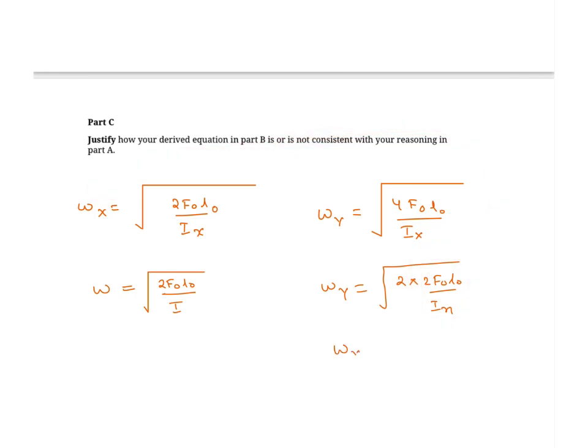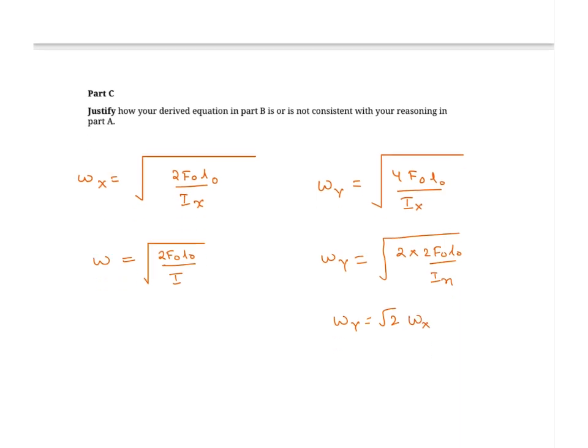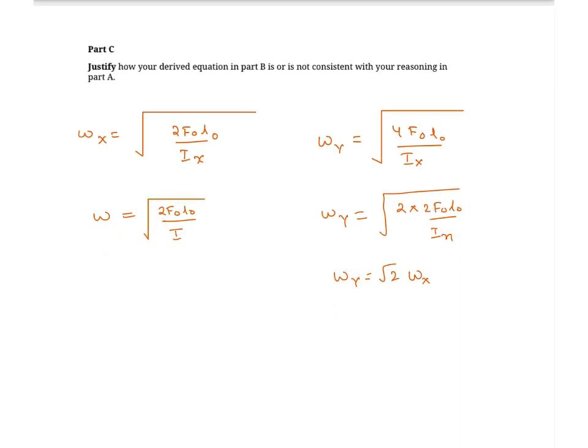So omega y is equal to root 2 times omega x. So this is the relation between them, which clearly says that the angular velocity of toy y is greater than the angular velocity of toy x. And this is what we predicted earlier, because the rotational inertia of toy y was less than the rotational inertia of toy x.